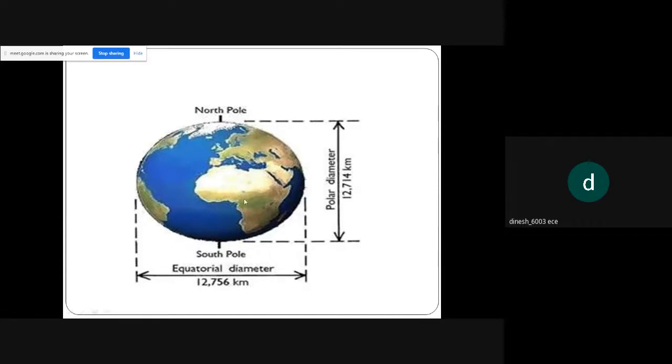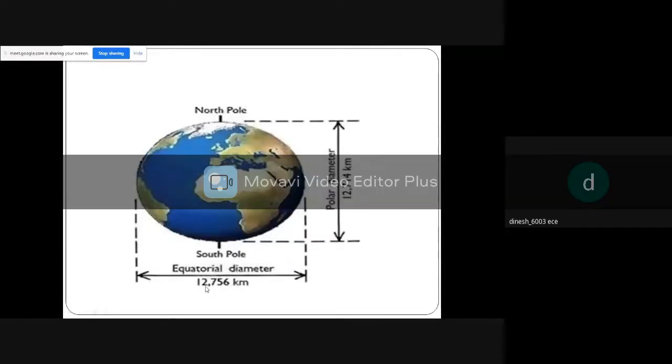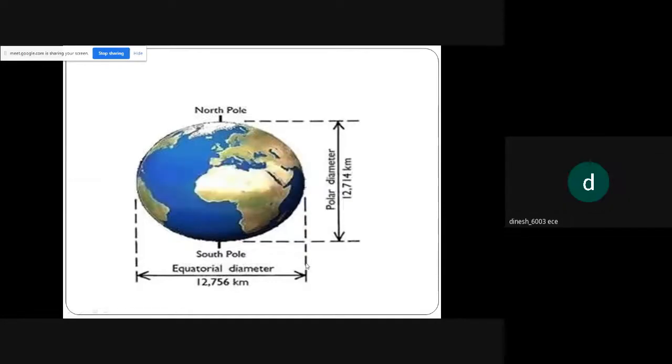The equatorial diameter is 12,756 kilometers.